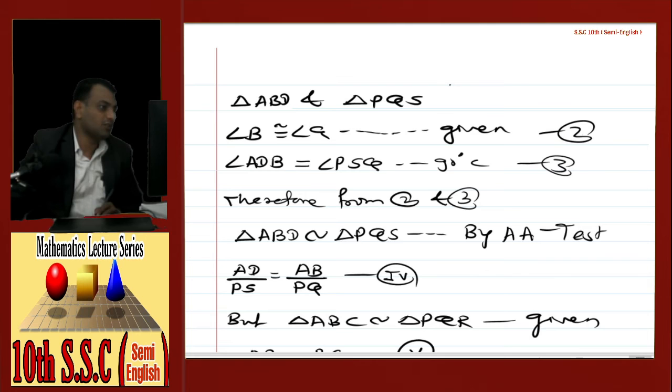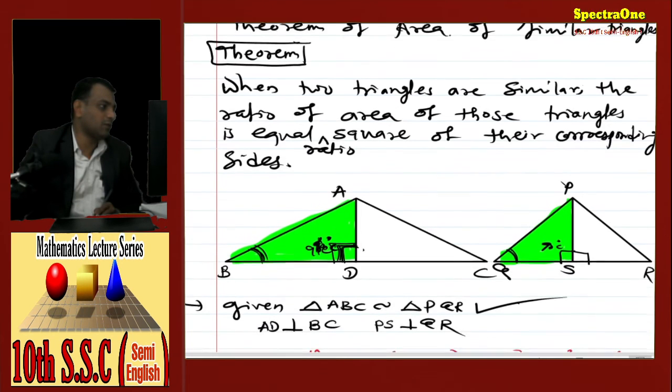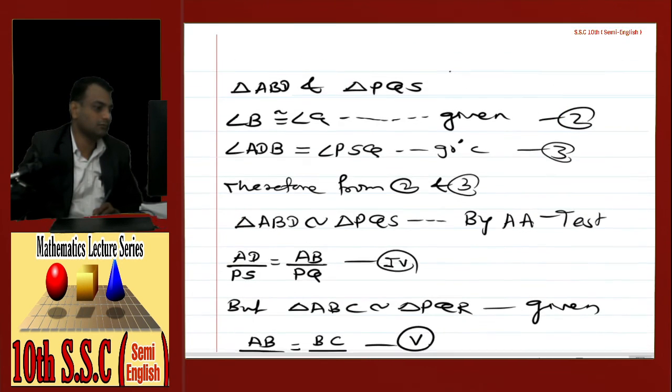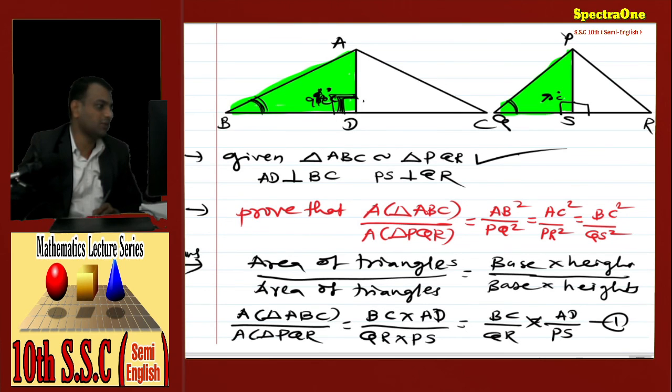Okay. So from equation number 1, what is equation number 1? Area of triangle ABC upon PQR equal to BC into AD upon QR into PS.